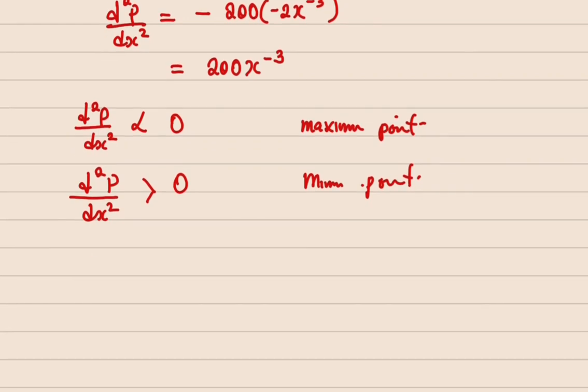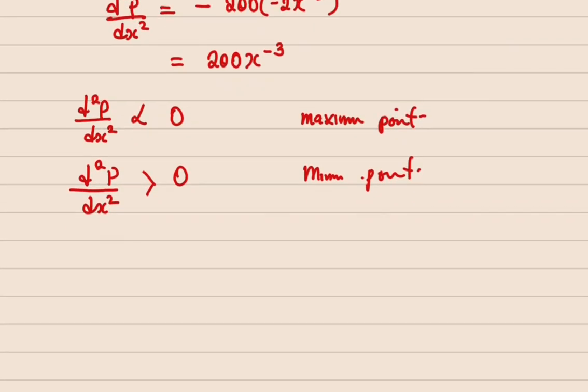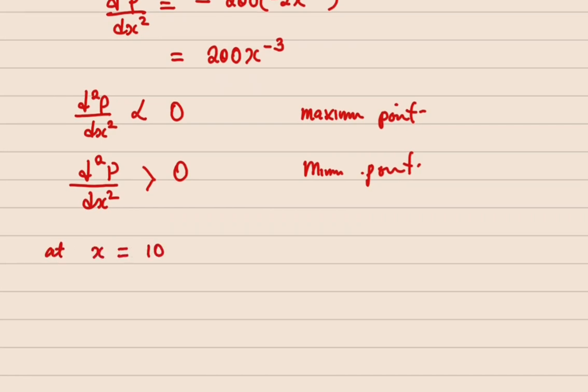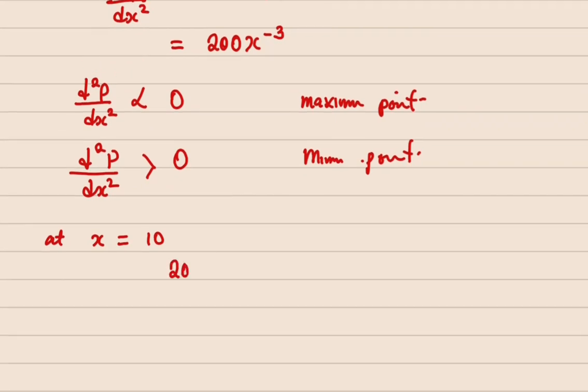Hence, we'll now work it out. But remember, x is plus 10 or minus 10. So let's test it. At x equal to 10, d squared P by dx squared is going to be 400 times 10 raised to the power minus 3, which is 400 all over 1000, which is positive.